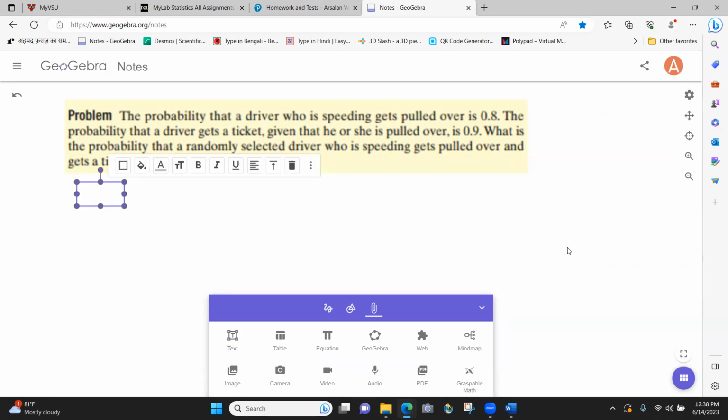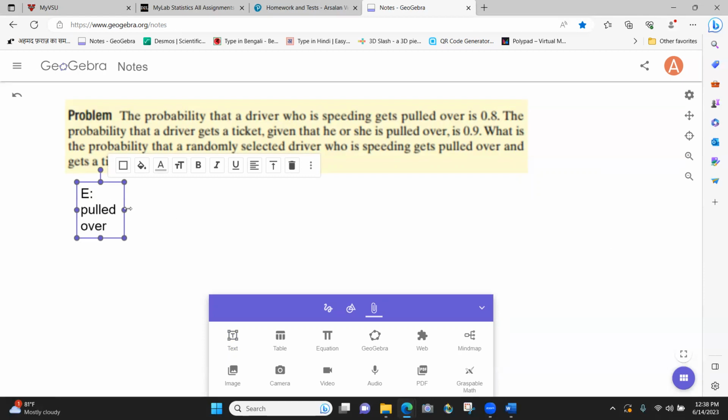So I'm going to say, given that she is pulled over, let's say being pulled over is E. Doesn't matter what you call it.